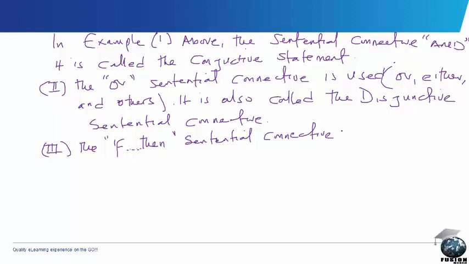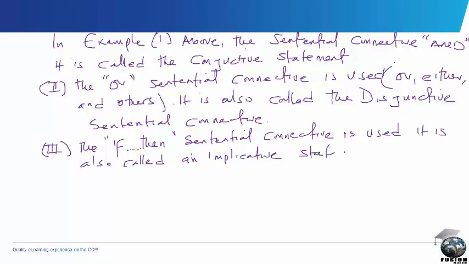Okay, and it is also called the implicative statement.